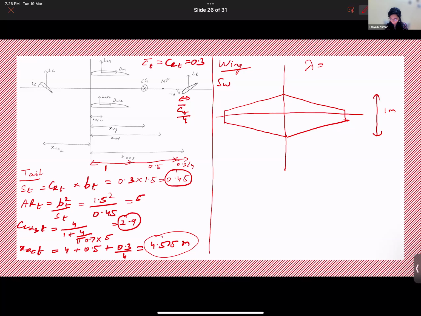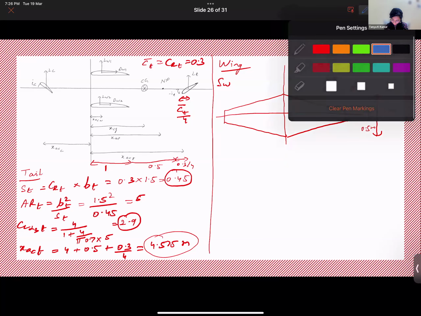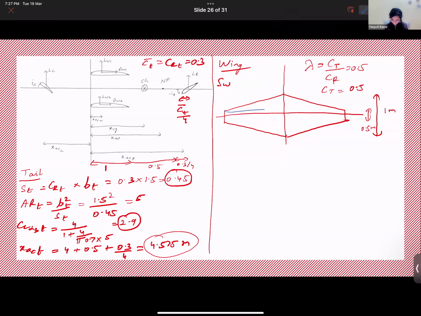CT by CR, correct. So you have CT divided by CR equals 0.5. So your CT is just 0.5, right? So this small distance is 0.5 meters. All right. So now let's find out the area of the wing. Let me just erase these extra parts, and let's split it into two shapes so it makes it easy for the area calculation.